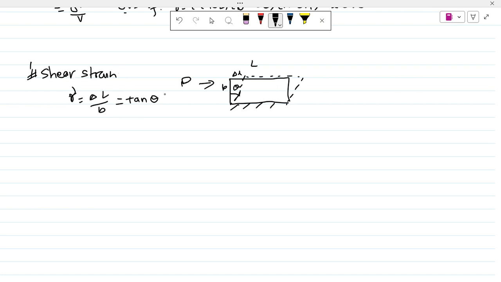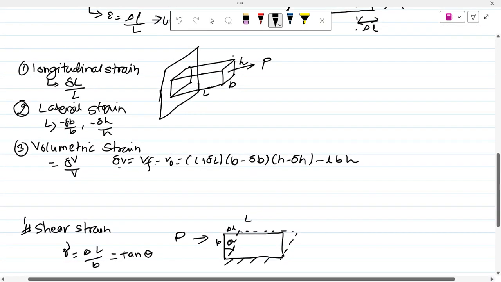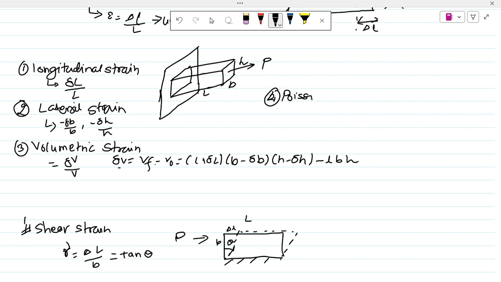Now let us talk about Poisson's ratio. What is Poisson's ratio? It is nothing but the ratio of lateral strain to longitudinal strain.